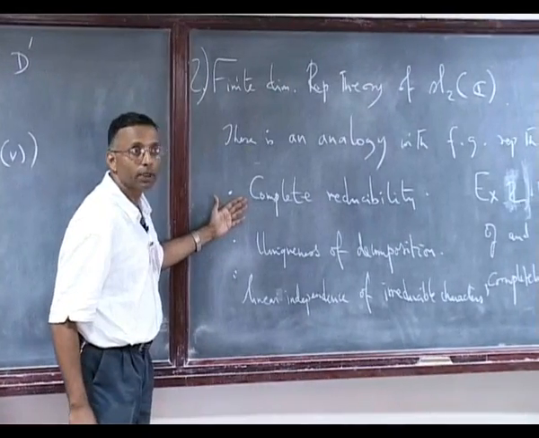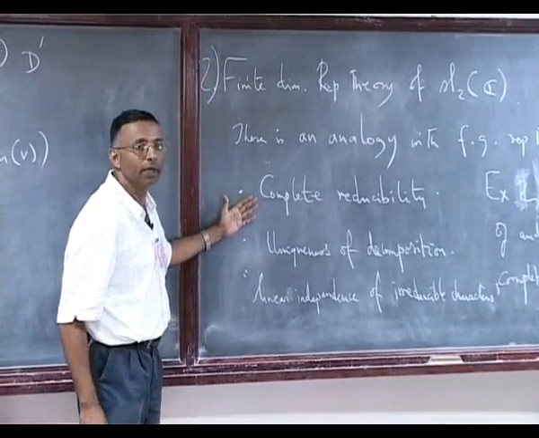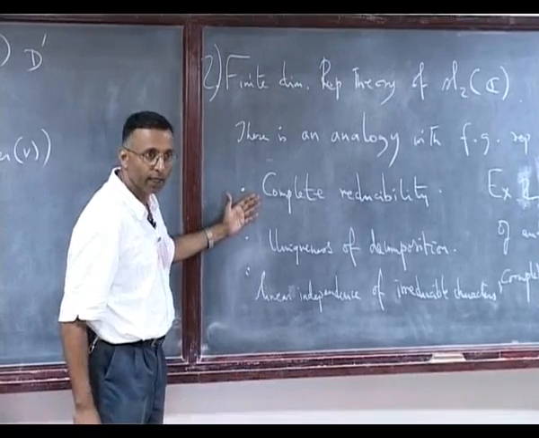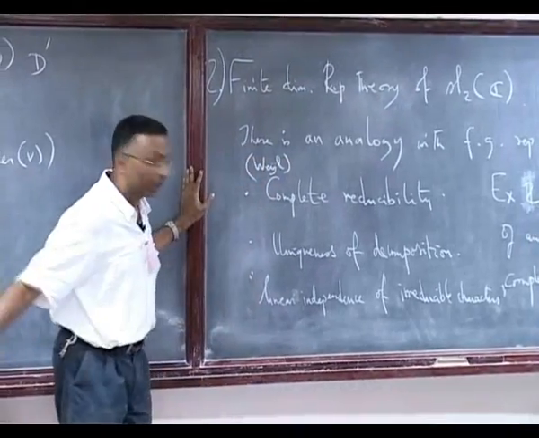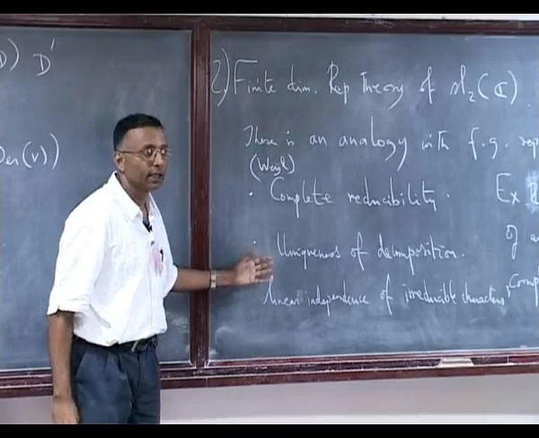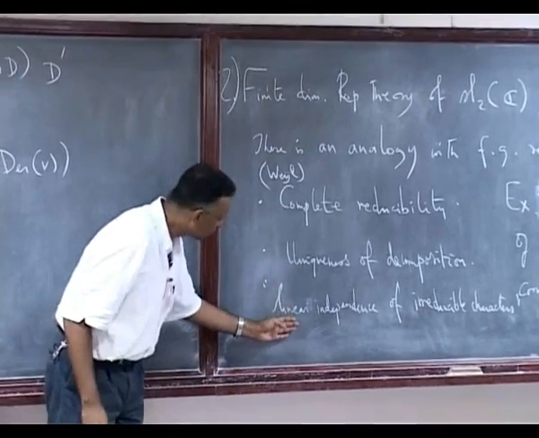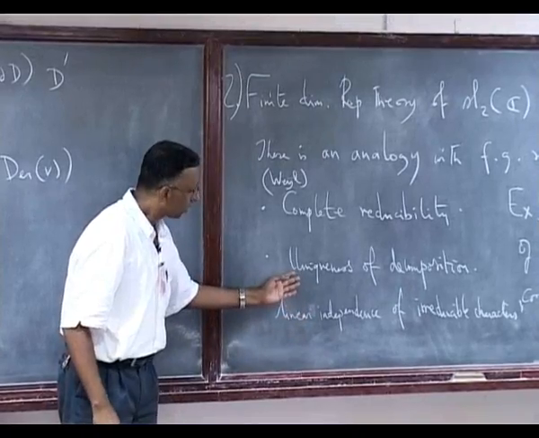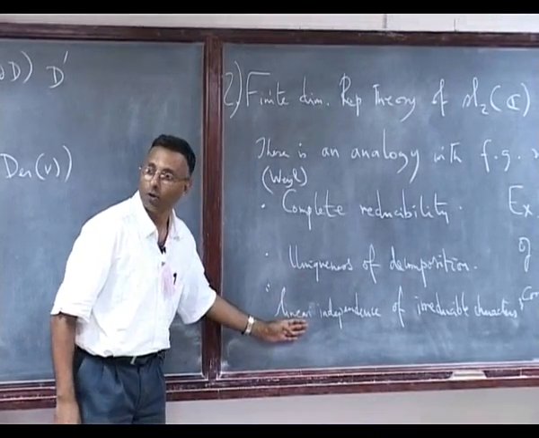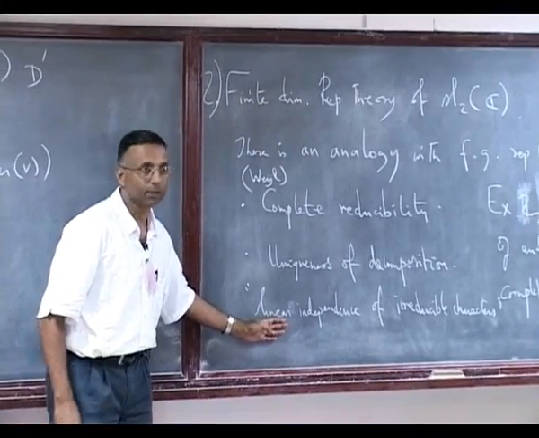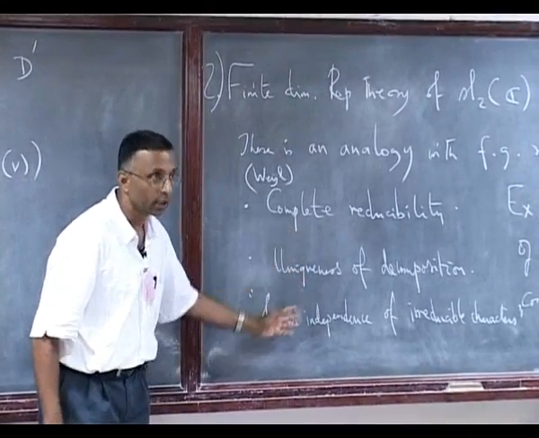This is true for all complex semi-simple Lie algebras. It's one of the basic theorems of the subject, due to Weyl: complete reducibility. Uniqueness of decomposition, I said, holds very generally, and this proof works also for any complex semi-simple Lie algebra, not just for SL2C.